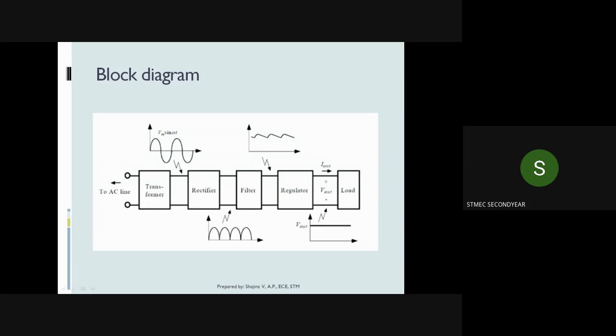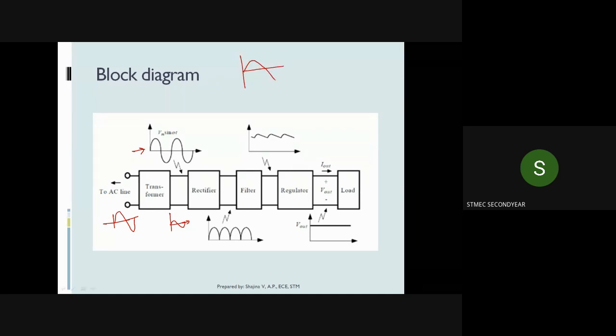So here our input signal will be like this. Here you have a high voltage signal, and the transformer converts this voltage level to the required low level. Now you have to use a rectifier because our input is an AC signal, while at the output we require a DC voltage. So AC and DC is the difference.